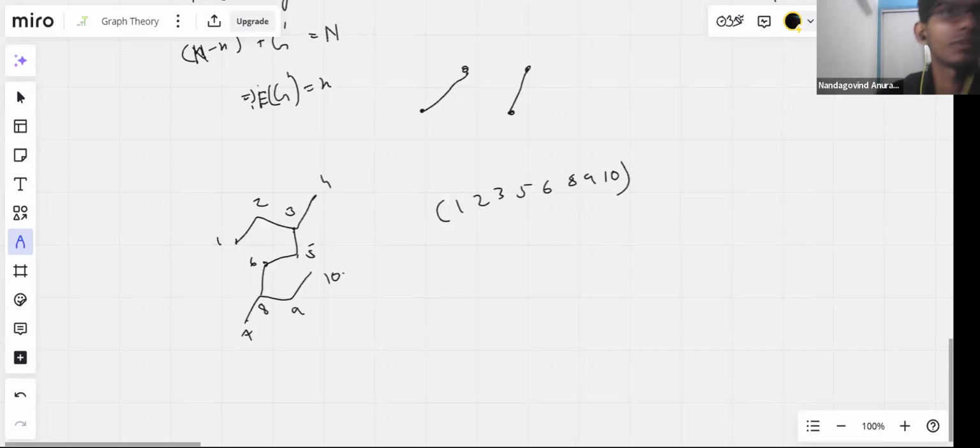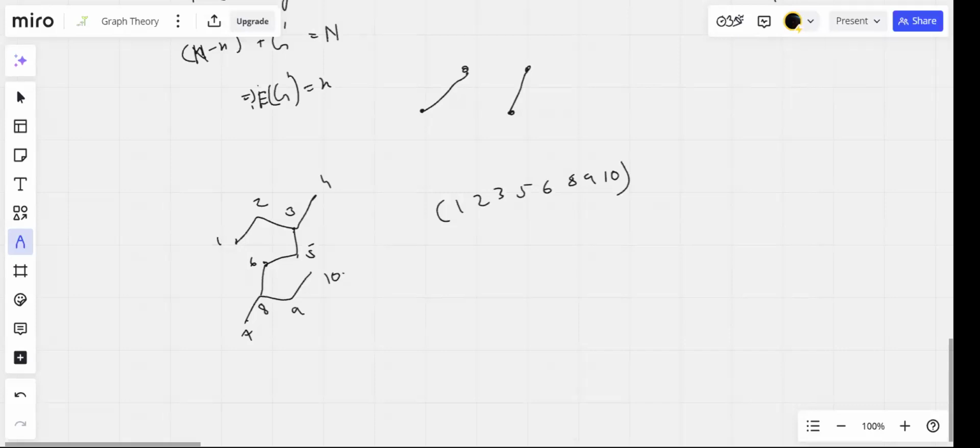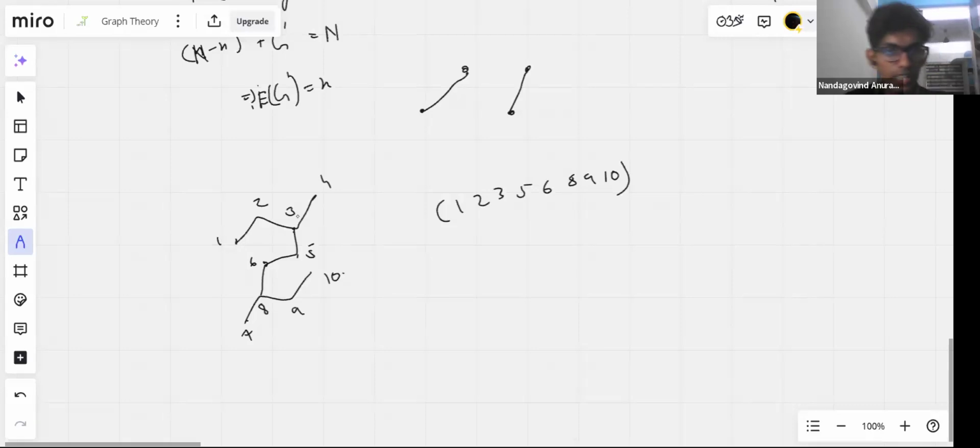Hopefully the background noise should be a little bit better now. So what was I saying? I was saying to try to use the fact that the graph is connected. So you know that there exists a path from 7 to 4. So what can you say about that path?